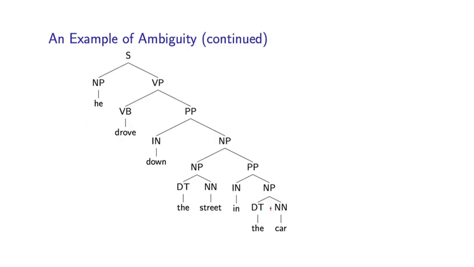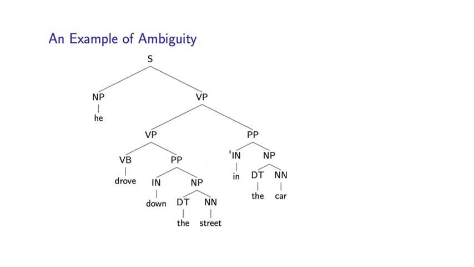So let's go back and forth between these two. So in this particular parse tree, this prepositional phrase is seen lower in the tree. And in particular, I have a rule NP goes to NP prepositional phrase at this low level in the tree. Whereas if I go back to the previous parse tree, you'll see again we have this prepositional phrase in the car, but it's a little higher in the tree.